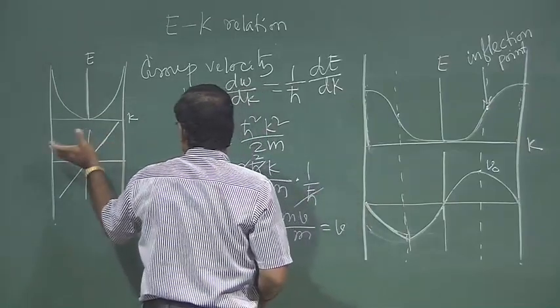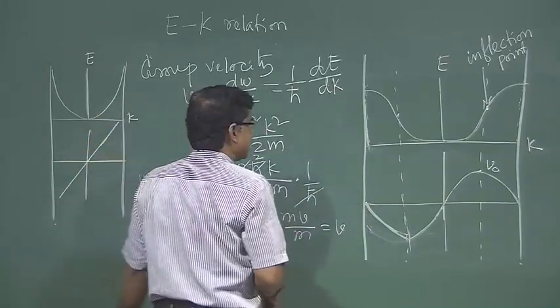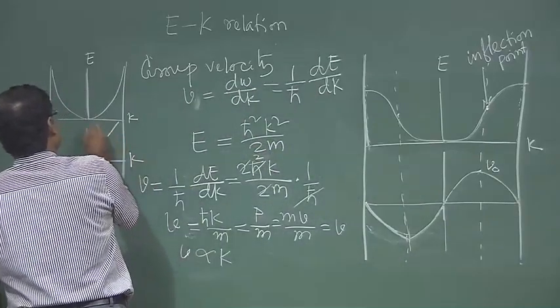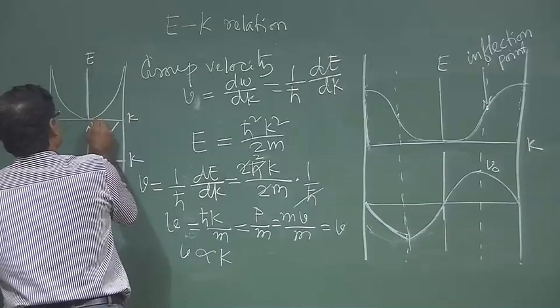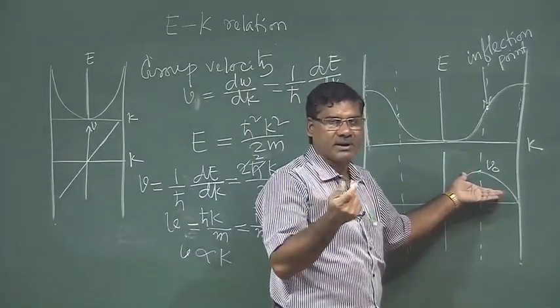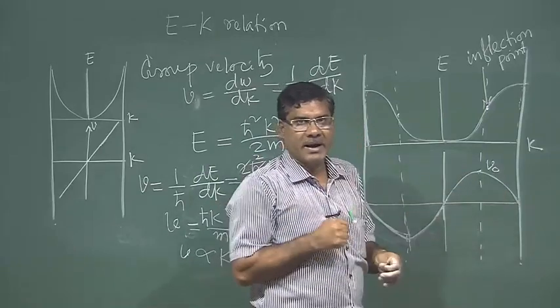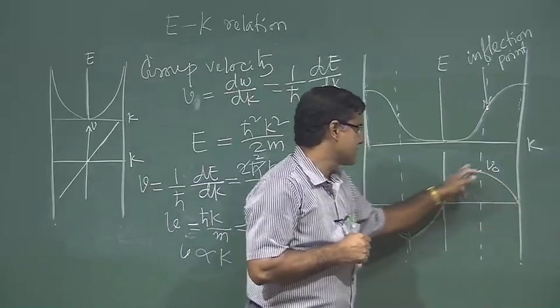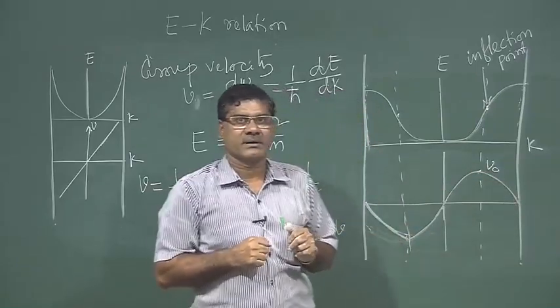In the case of a free electron, velocity is linearly changing with k, this axis is velocity. But when the electron is not free, when it is in a band, then its variation is quite different.